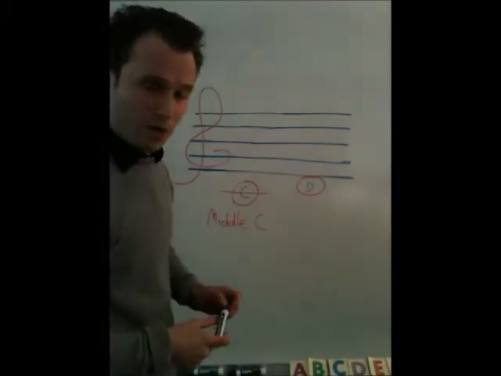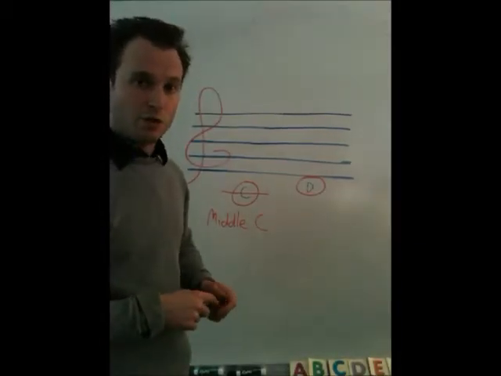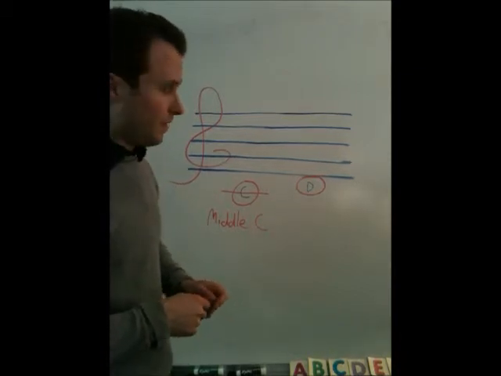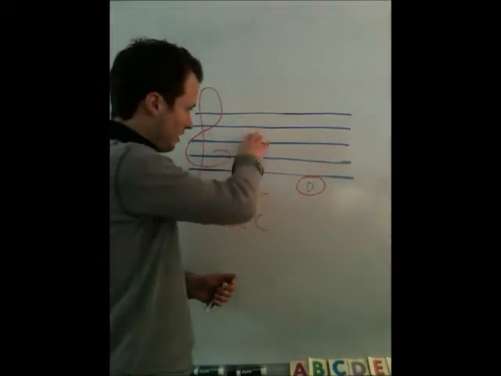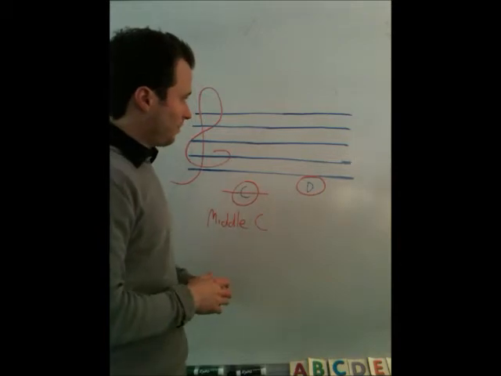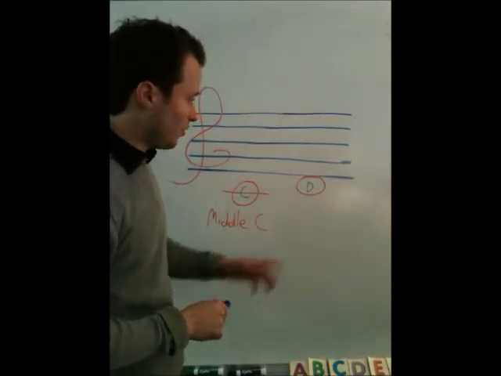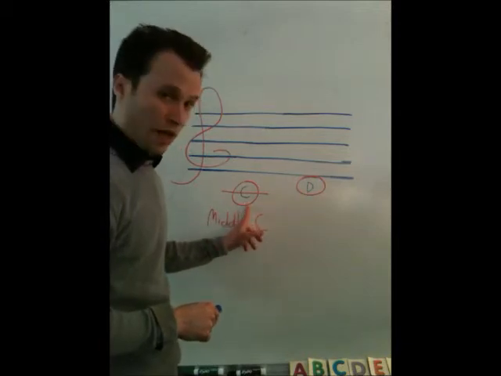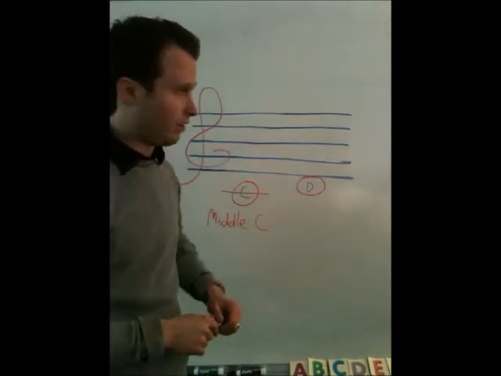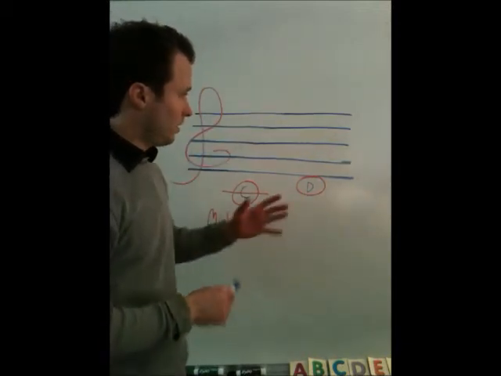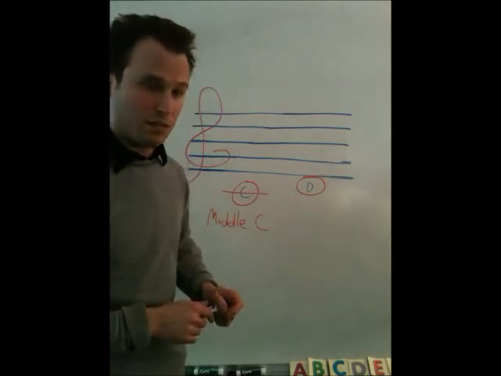Now there are a few other basic concepts that you need to know as well, and that is that these 5 main lines don't represent all the notes that you'll see. The notes can go below that, they can also go above that, and you'll see how to read those in the next phase.